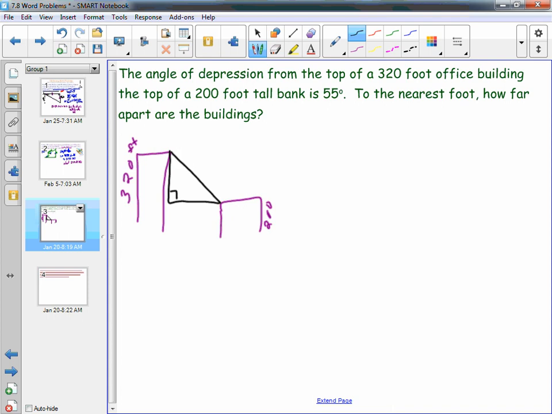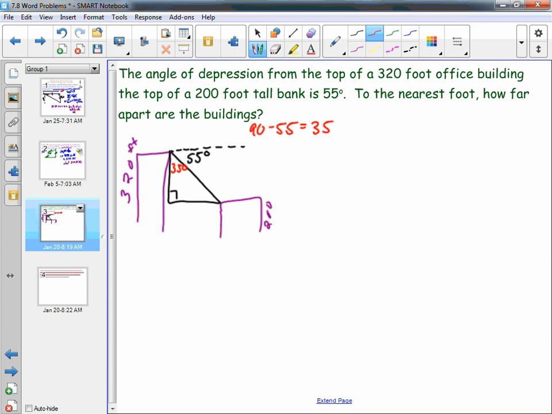Now, what's different on this one is if I look at my horizon, this angle here is 55 degrees. That is not the angle inside the triangle that I've created now. So I need to do 90 minus 55, and I find that the angle right here is 35 degrees.